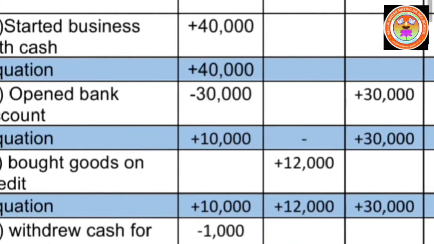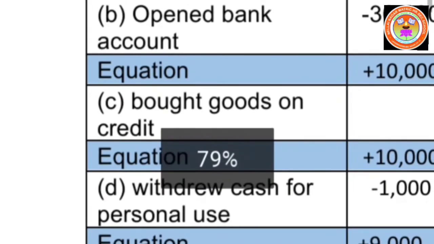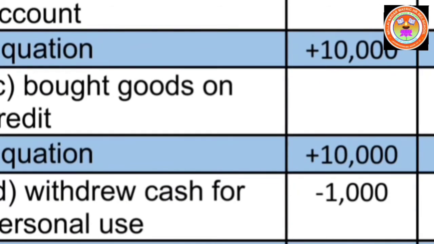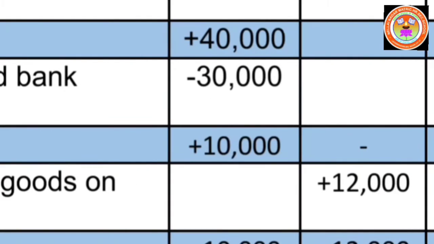Then in the next line, write the equation for each and every transaction. You should write the equation. Under the cash column, 10,000 remains the same. So write 10,000.